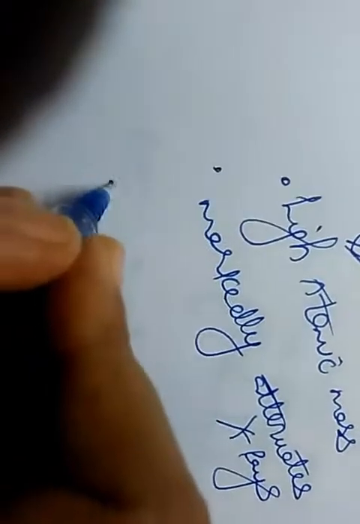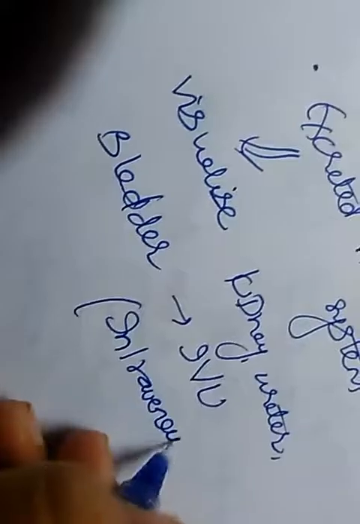And thirdly, the most important, it is excreted via the urinary system. Because of this property, we can visualize the urinary system also, like kidney, ureter, bladder, etc., which is called intravenous urography.